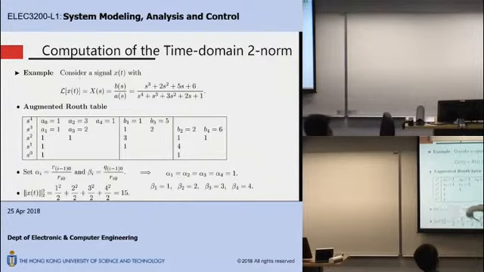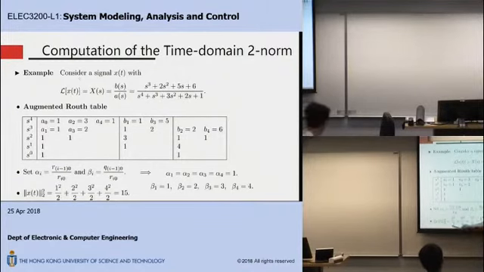They use the simple expression. Put those alphas and betas in. And the denominator is 2 alpha 1, 2 alpha 2, 2 alpha 3, 2 alpha 4. This is beta 1 square, beta 2 square, beta 3 square.